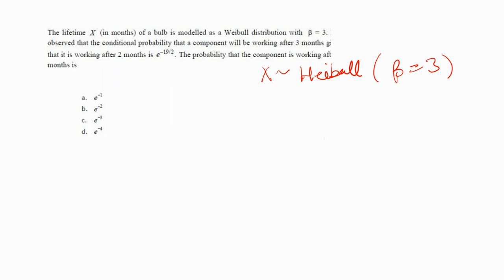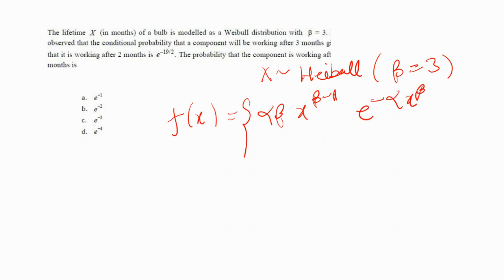The Weibull distribution basically has two parameters, alpha and beta, and the probability function is given by alpha beta x to the power beta minus 1 and e to the power minus alpha x to the power beta, and it is 0 otherwise, where x, alpha, beta are all greater than 0.